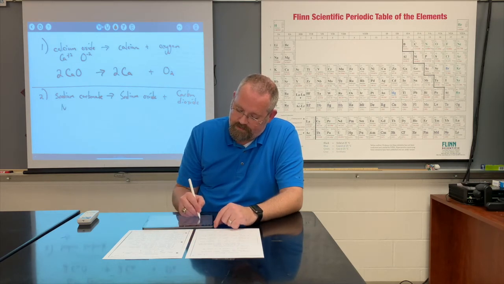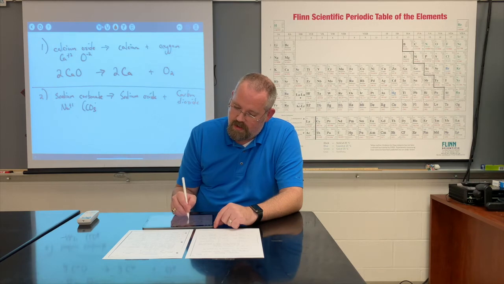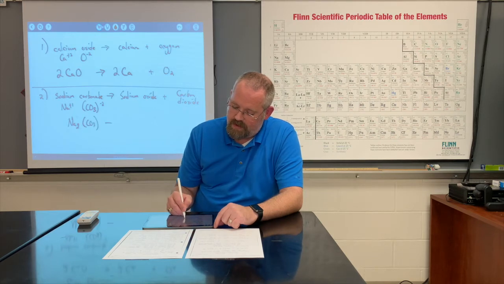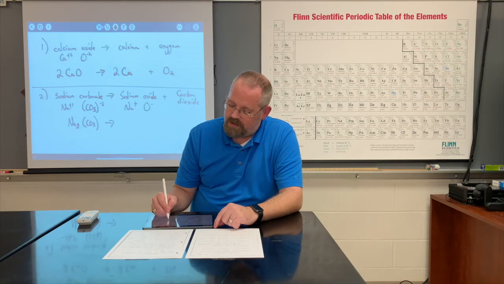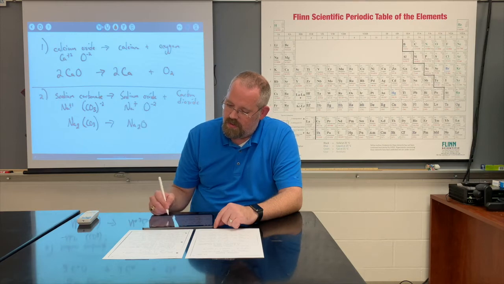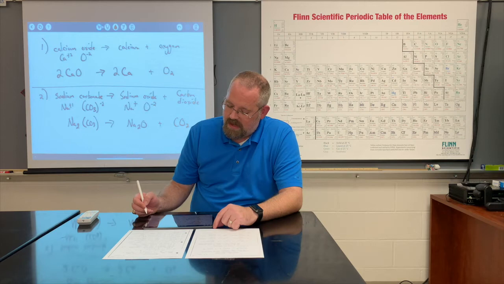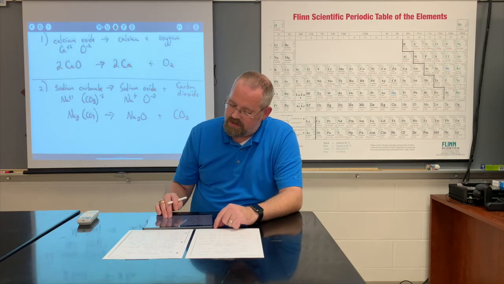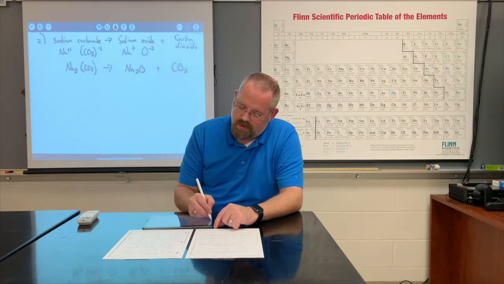Sodium +1, carbonate, CO3 with a -2 charge, so I get Na2CO3. Decomposes into sodium oxide. Sodium is +1, oxygen is -2, so Na2O, and that's going to give me carbon dioxide. I'm going to balance this, and actually it's already balanced, so we're good to go.